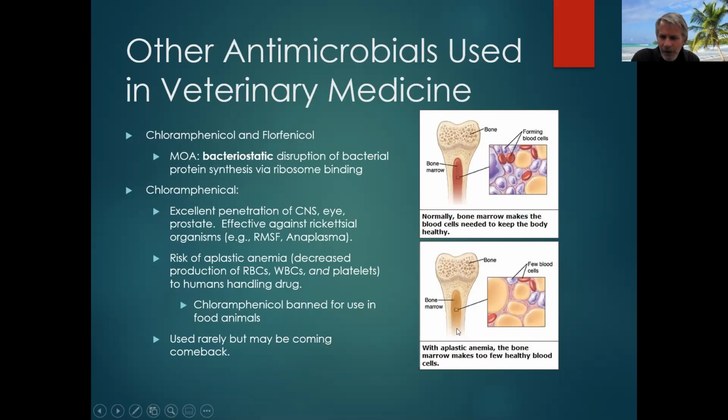The bone marrow is not making anything. There's too few blood cells. So actually, those were white blood cells, and I can't see any platelets there. So anyway, that's why you can never, ever, for any reason, use chloramphenicol in a food animal, right? Because if a small amount of chloramphenicol was in the milk or the meat, and we ate it, we could get aplastic anemia.